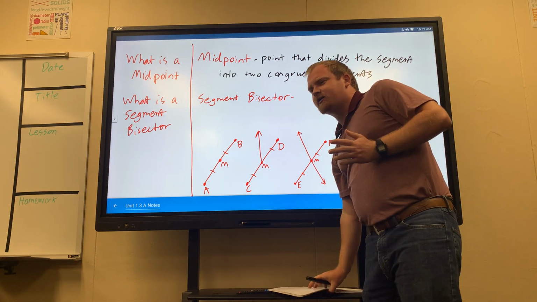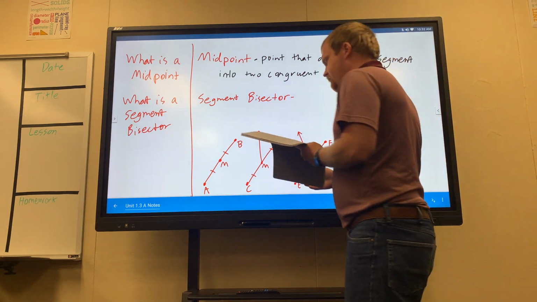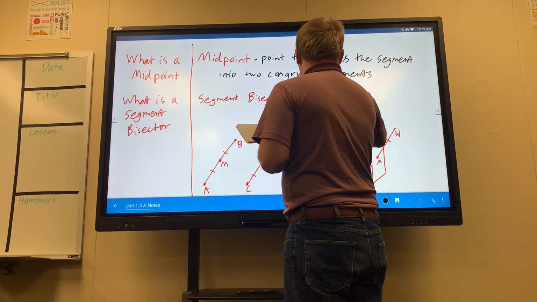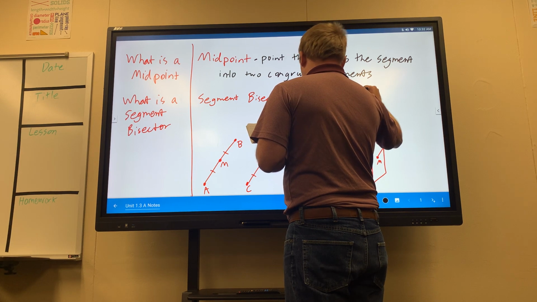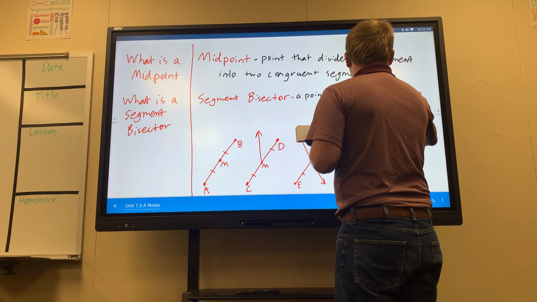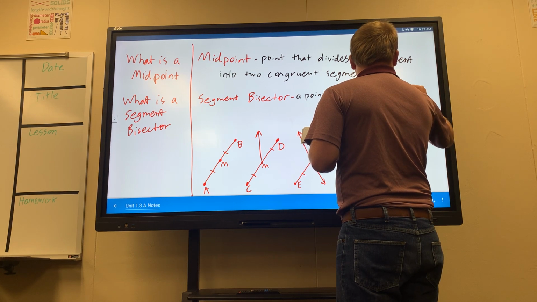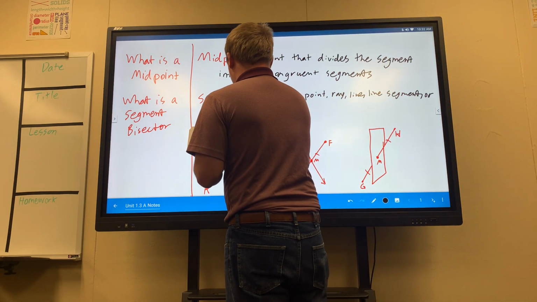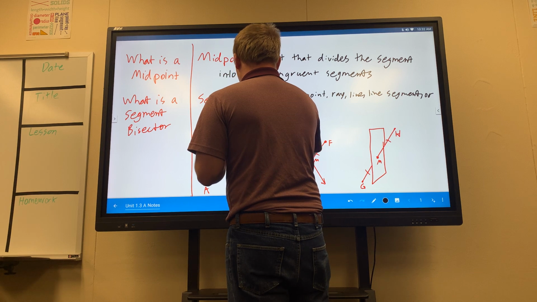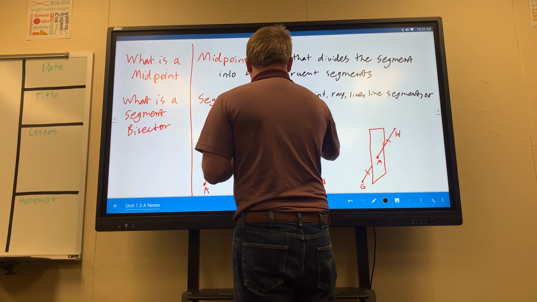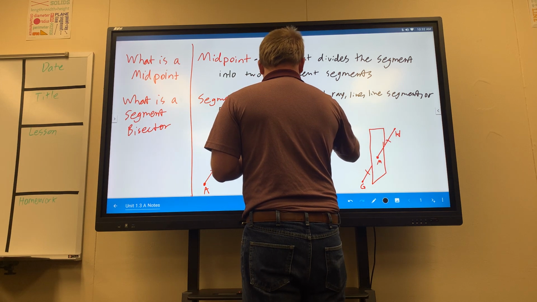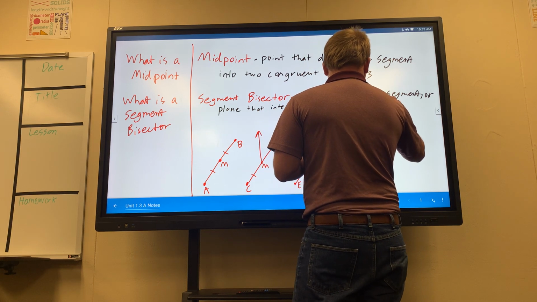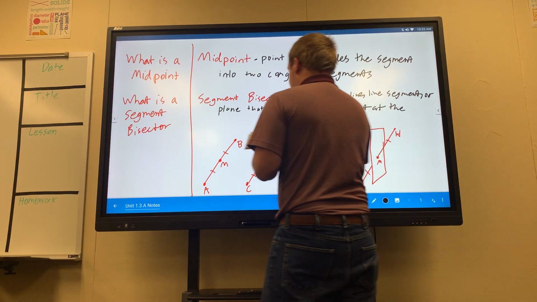Now, a segment bisector, that's a little bit interesting. Okay? It's a point, ray, line, segment, or plane that intersects the segment at the midpoint.